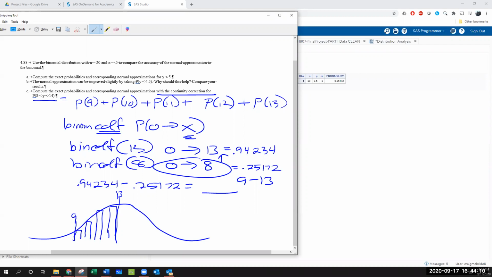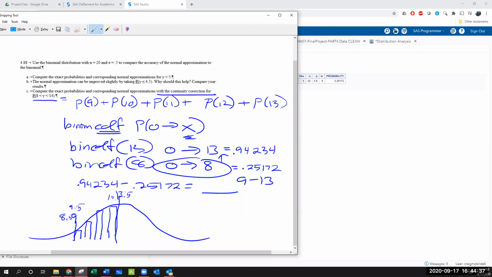I have no idea where they would fit on the curve, but we don't want all that area because we're getting too much extra. So instead, you can play around with it. You can try 13.5 and 8.5 and see how close that is. Or you can try 9.5 and 12.5, and you can go back and forth.